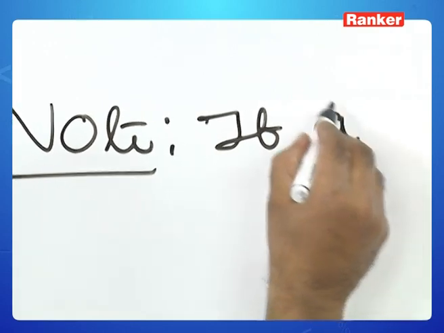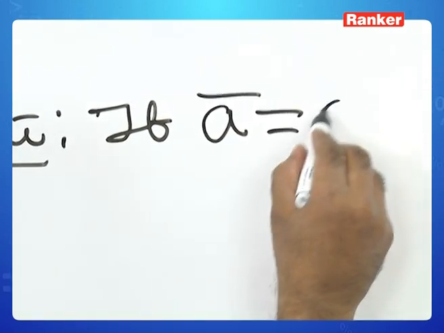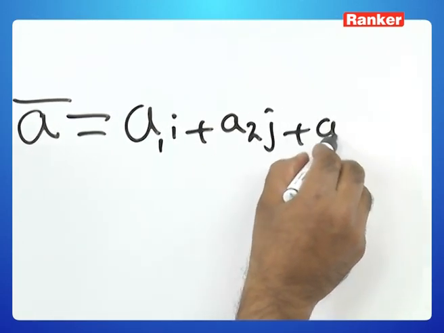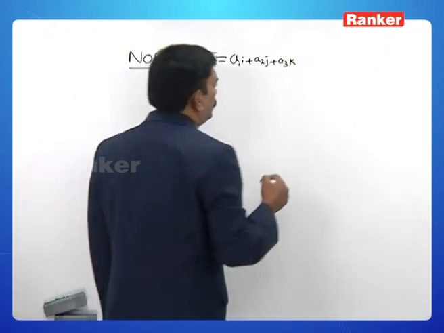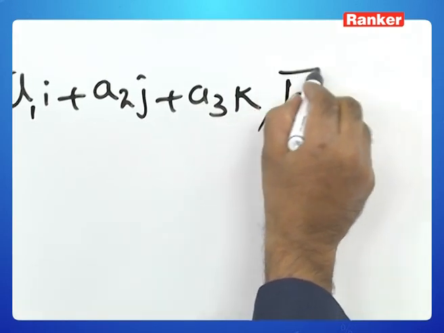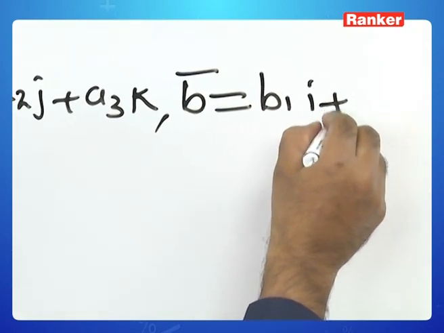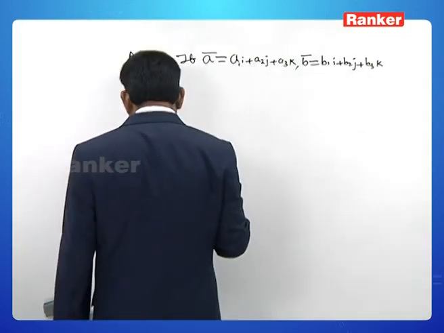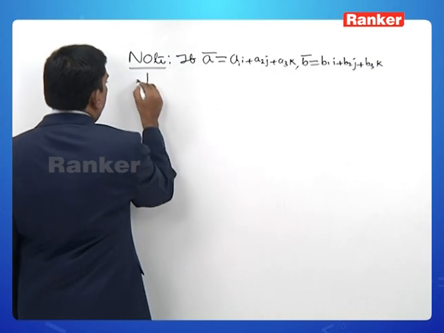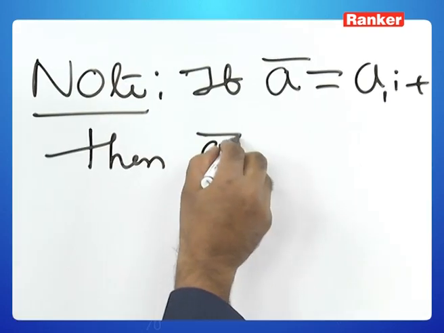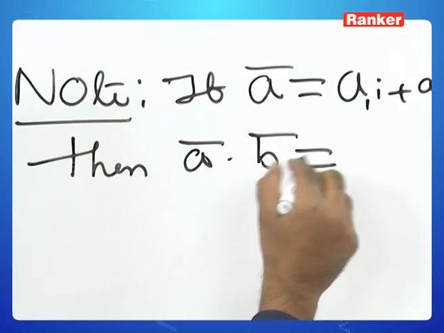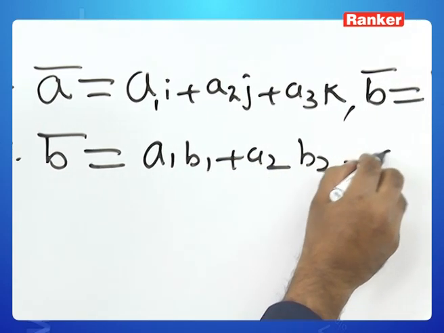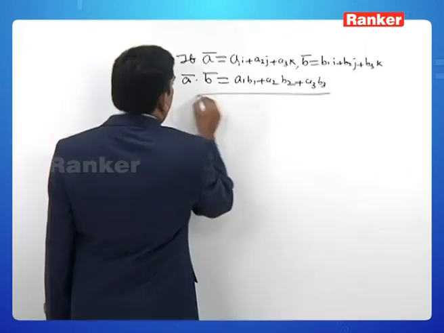Note, if A bar is equal to A1 i plus A2 j plus A3 k, B bar is equal to B1 i plus B2 j plus B3 k, then A bar dot B bar is equal to A1 B1 plus A2 B2 plus A3 B3.